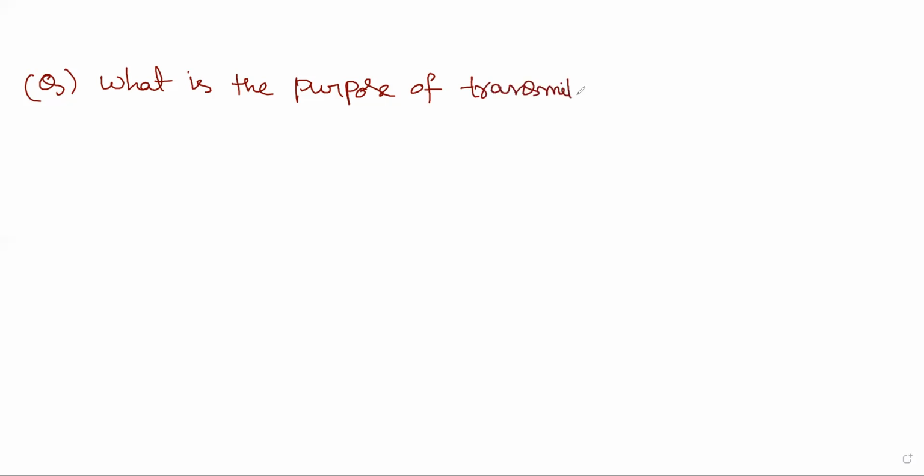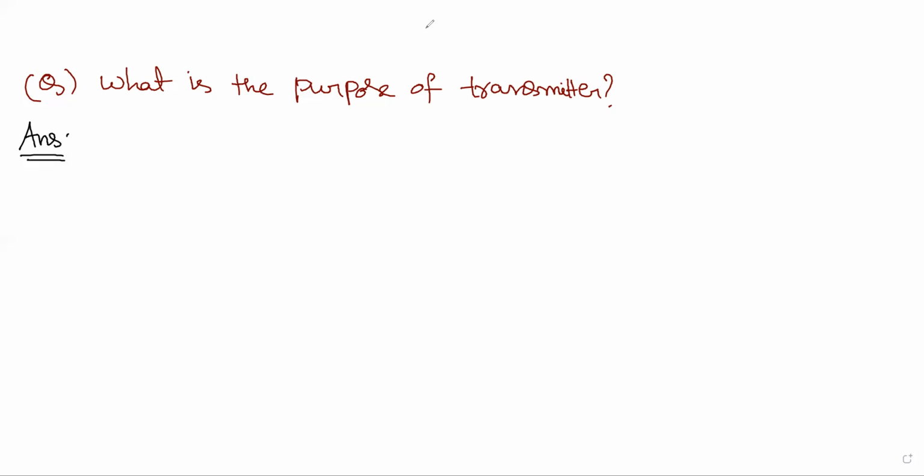The next question goes like this: what is the purpose of a transmitter? So that's the question.